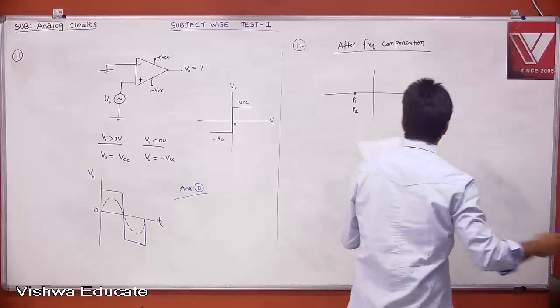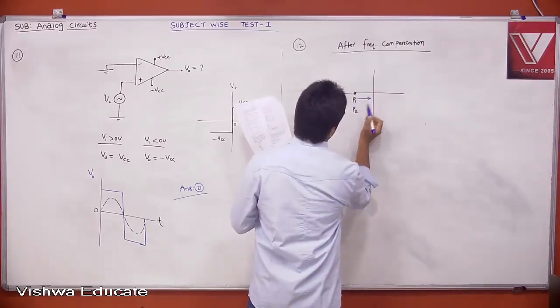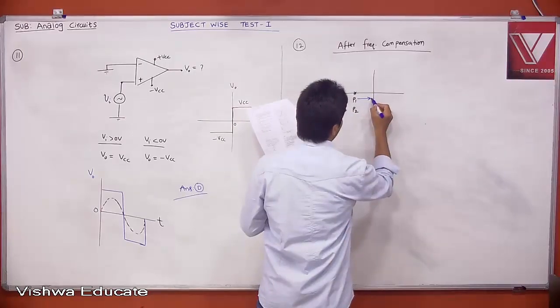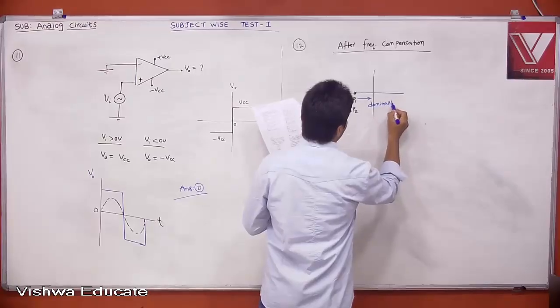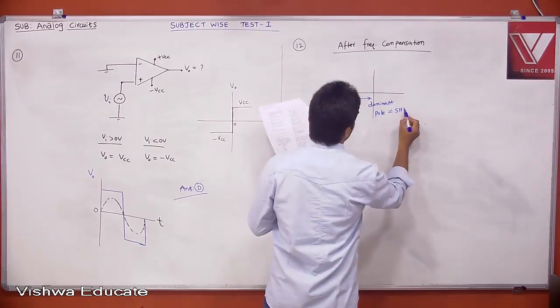But after frequency compensation, pole splitting occurs, and P1 moves towards the origin and becomes the dominant pole. I told you that it is around 5 Hz.